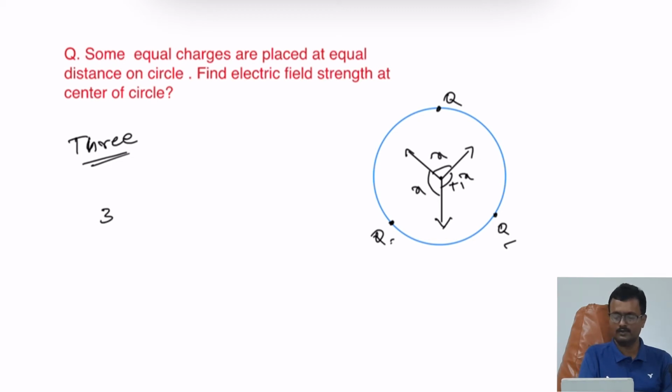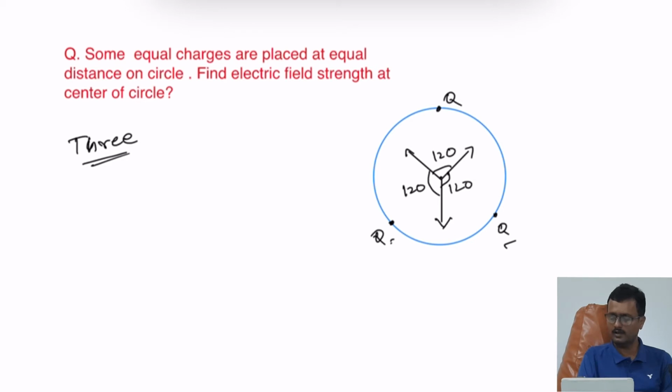So the sum of these three angles is 3x, which is exactly equal to 360 degrees, since at the center a full circle makes an angle of 360 degrees. So what is x? That is 120 degrees.